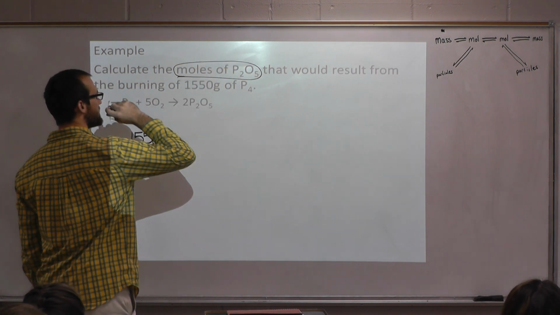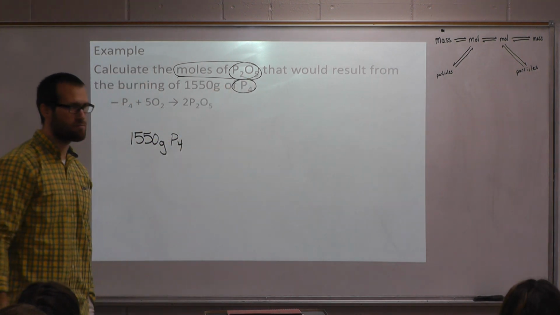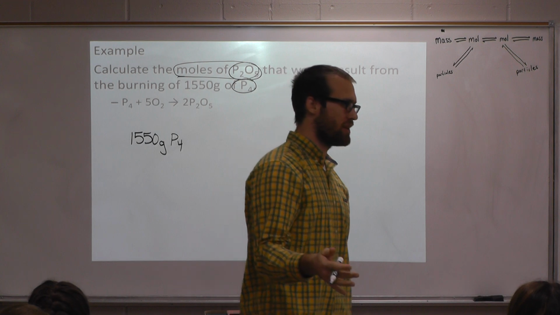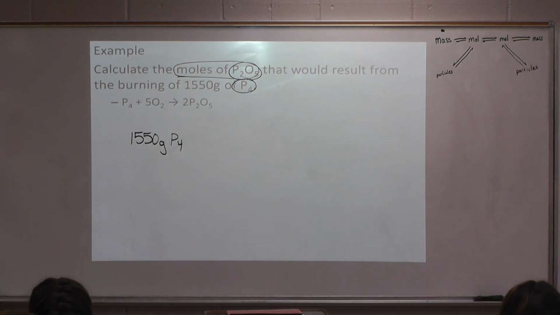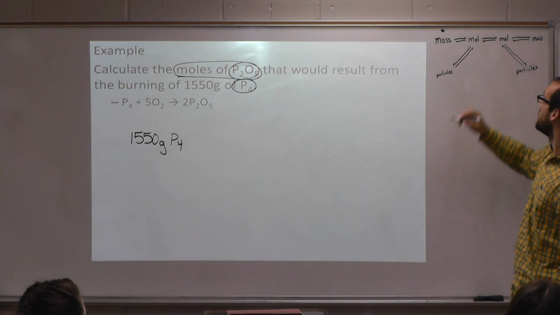Now notice that this and this are different, which means you have a given and a desired. Before our first half test, we did this exact same thing, but we stayed on one side. Now we're going to a new substance, which means we're always going to cross the mole train, the bridge.